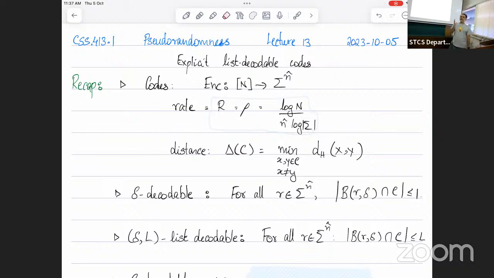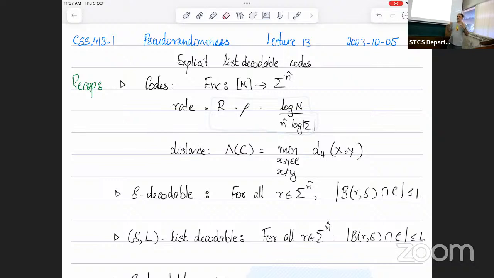You should mentally think that if L is polynomially large in the block length, that is acceptable, because in a typical scenario the number of code words you're dealing with is exponential. So as long as you can give a significantly smaller bound on this list size, you say that your code is list decodable.